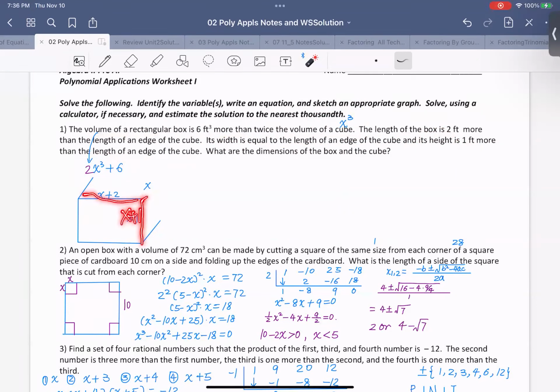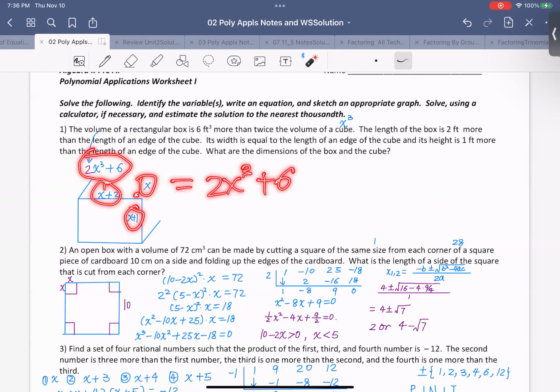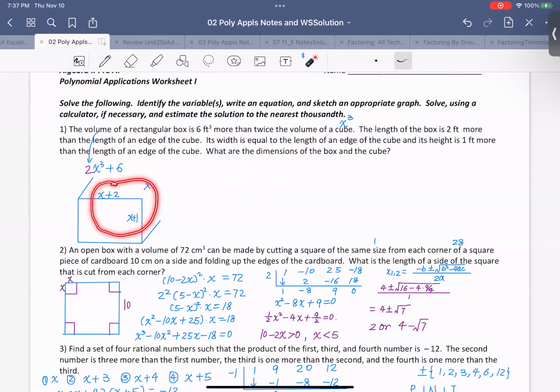So you have these 3 dimensions. And then these 3 product are going to equal 2x cubed plus 6. So you will do these 3 product equals to this. Then you have a polynomial. You move it around. You want to figure out the factoring.